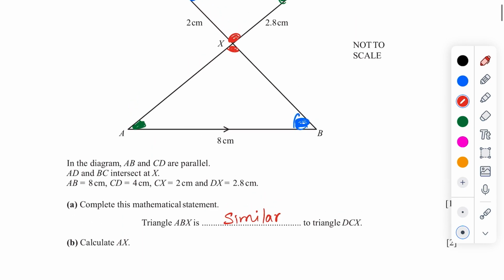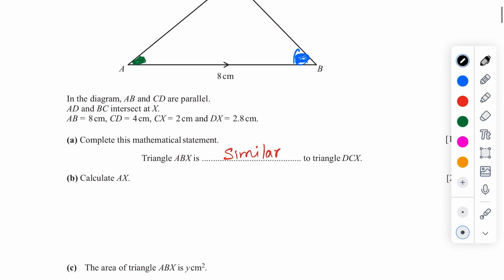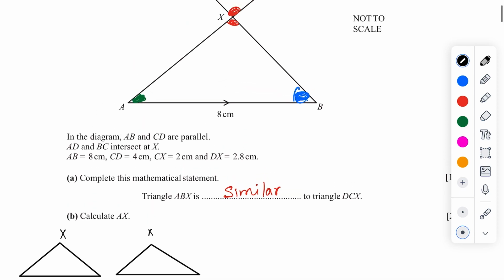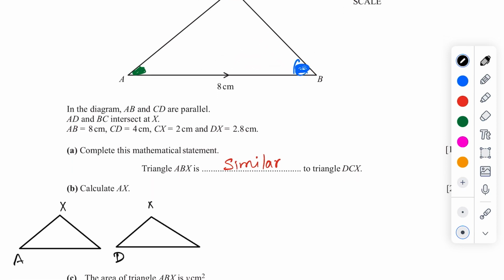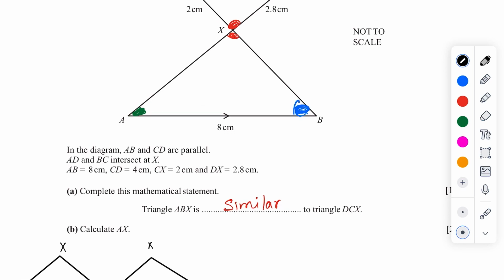Now what am I going to do with it? I am going to redraw the triangles so that it is easy for me to calculate exactly. So I keep X on the top for both. Angle A is the green colored one and it's angle D on the left side. Angle B is the blue colored one and angle C is the blue colored one.